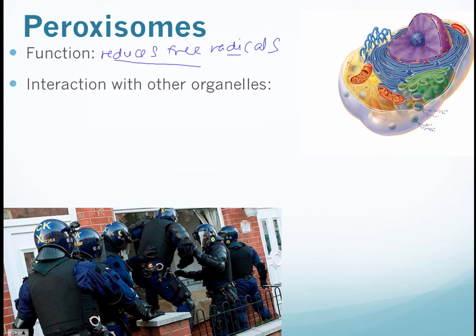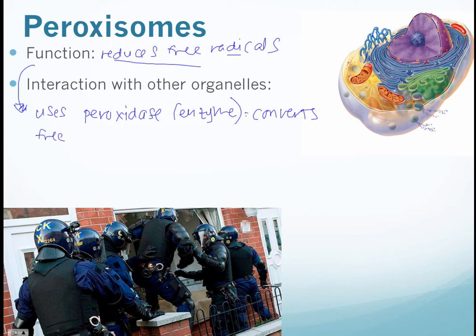And so peroxisomes, what they can do is they can use peroxidase, which is an enzyme that will convert those free radicals to hydrogen peroxide.